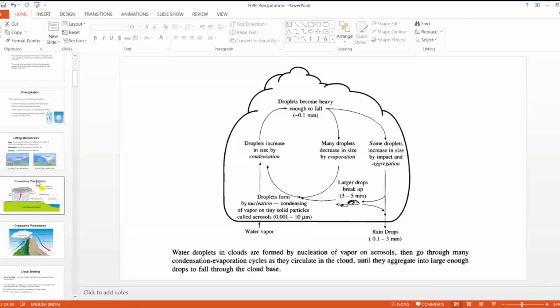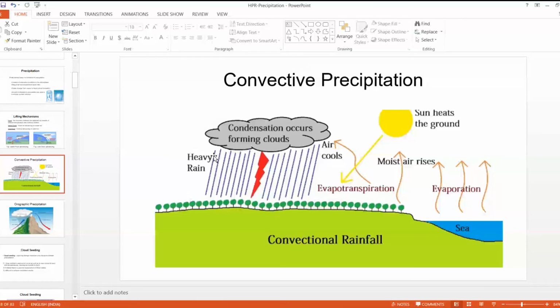Convective precipitation mainly occurs near the tropical areas, similar to the equator, where the air near the earth immediately heats up and is lifted up.